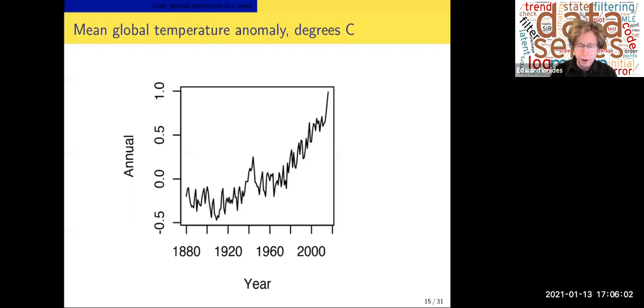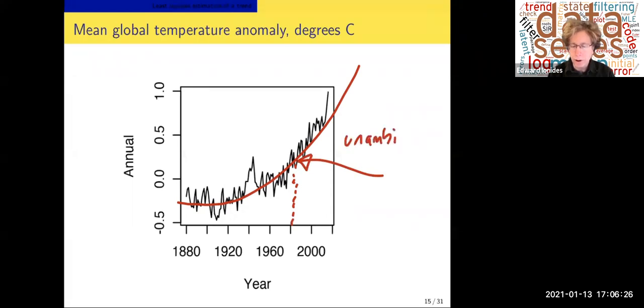So there's a trend going on up here, and basically ever since around 1980, there's been a fairly unambiguous global warming signal.